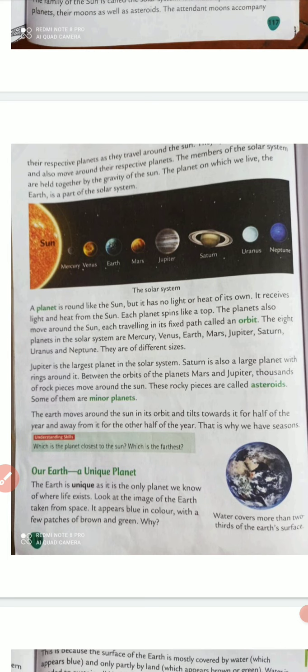The Earth moves around the Sun in its orbit and tilts towards it for half of the year and away from it for the other half of the year. That is why we have seasons. Because the Earth is rotating on its own axis, just like a top, it gets tilted.